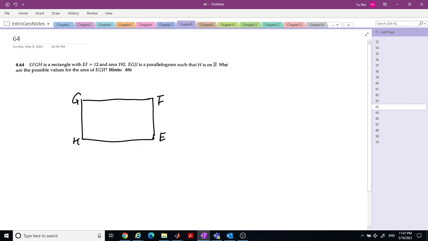EFGH, so it's 12, and this is 192, so that means this side is 16, and EGJI, where EG is this, and H is on JI, is a parallelogram. So parallelogram means these two lines are parallel.